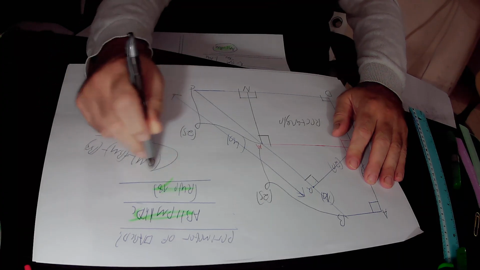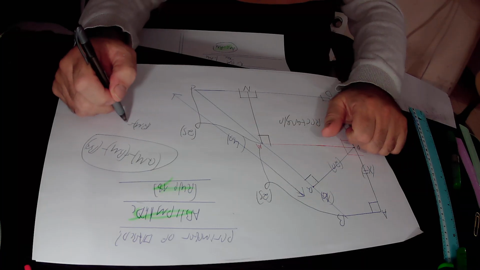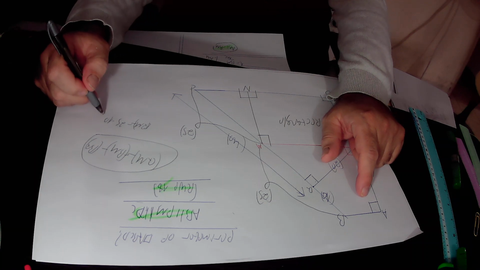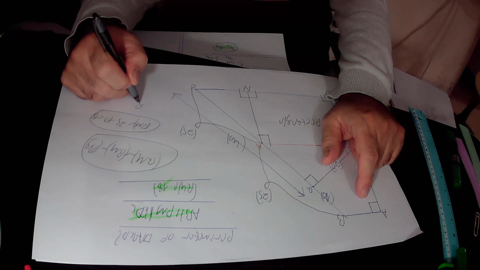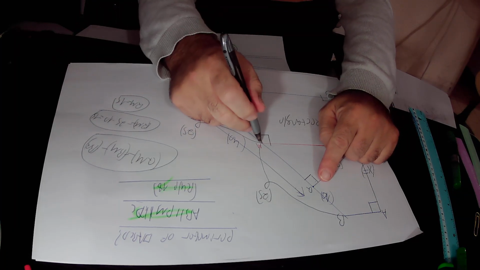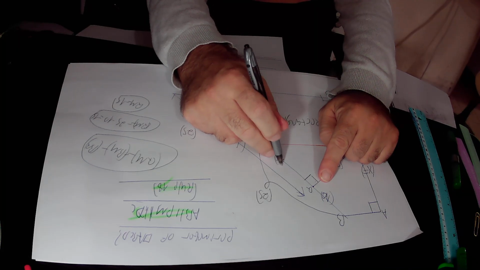So in total, QM equals BM, that is 25, minus BQ, that is 10. So QM equals 25 minus 10, that is 15. QM equals 15 units in its length.